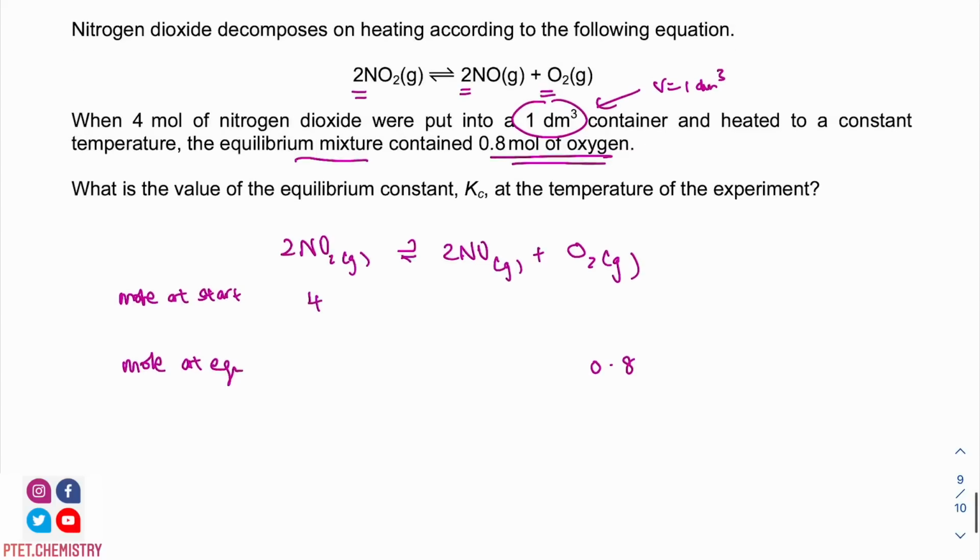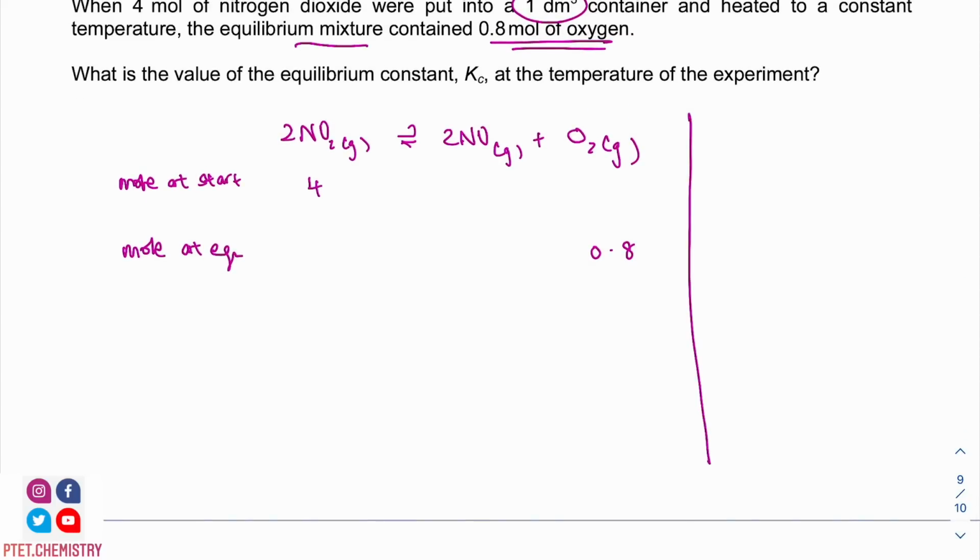Alright, so now we need to think about what has reacted and what has formed. The O2, initially you will have 0 and 0. That's what you started with. But some of it dissociates and gives you that. So the mole of O2 formed, because O2 is a product, relative to the mole of the NO2 reacted, is 1:2. 1 mole of O2 is formed from 2 mole of NO2.